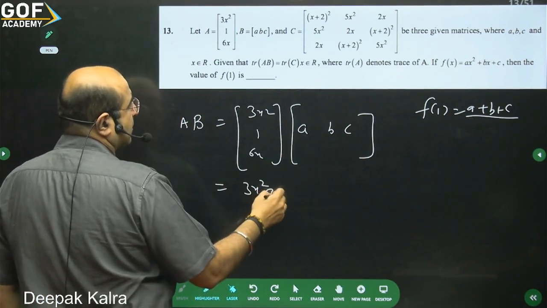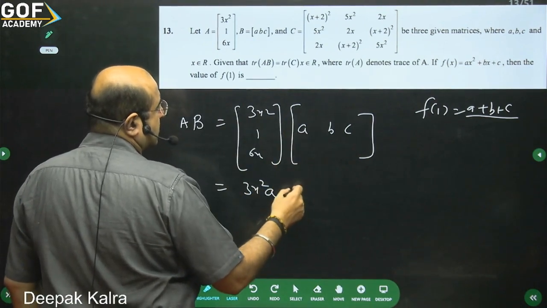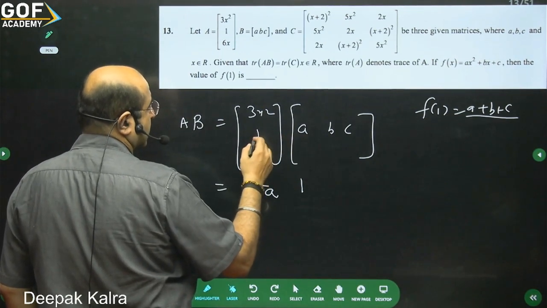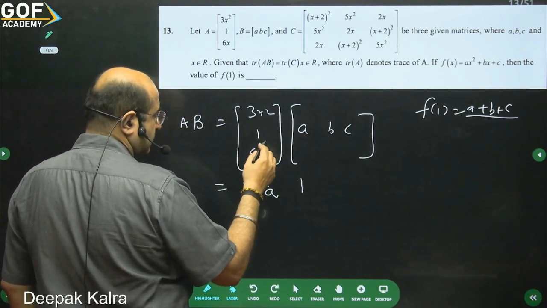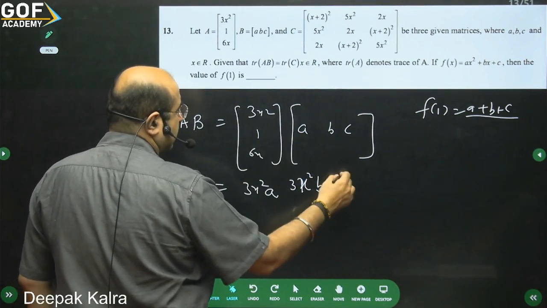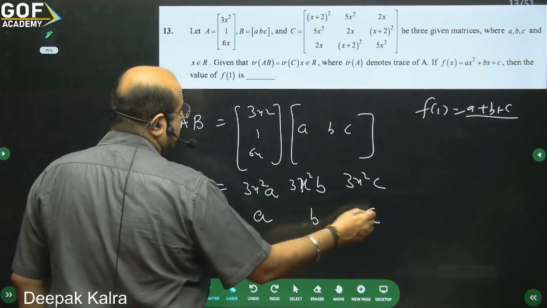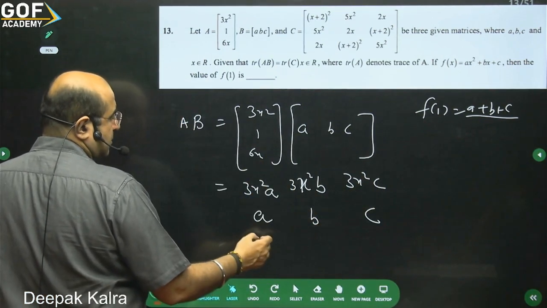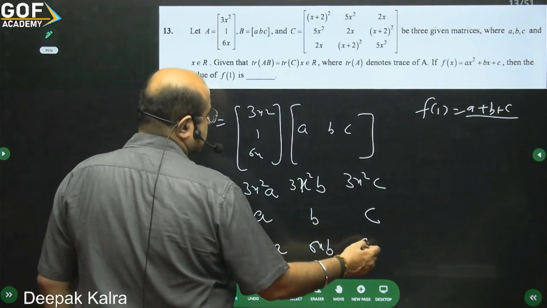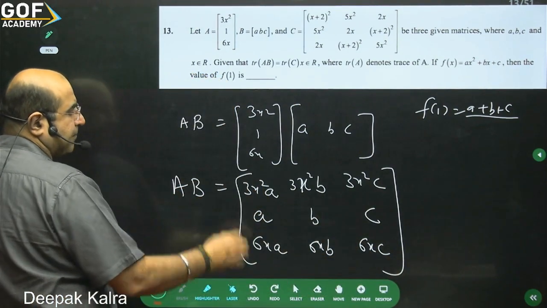3x square A, first term, right? Second becomes xB. Then x square B, then you have 3x square C, then you have A, B, C, then you have 6xA, 6xB and 6xC is your matrix AB.